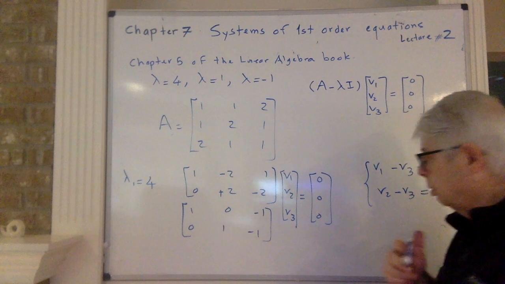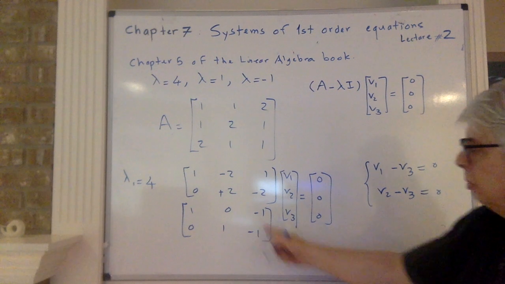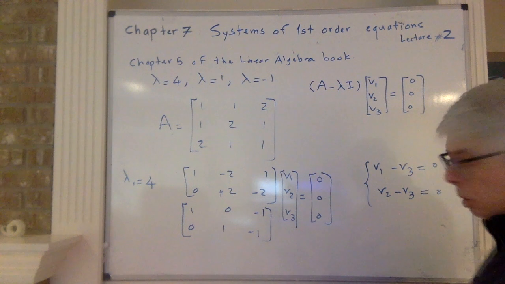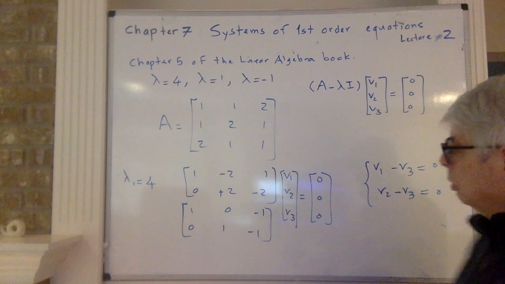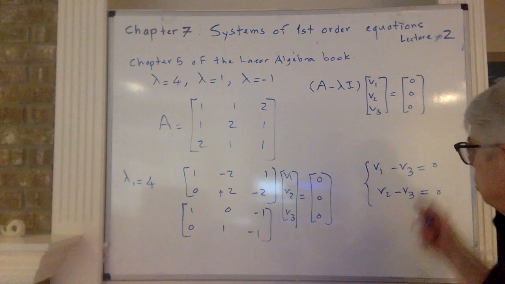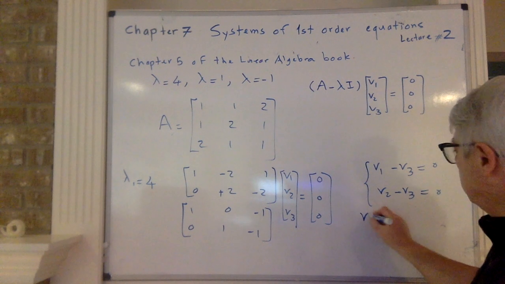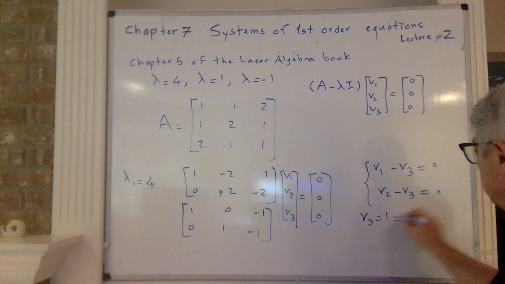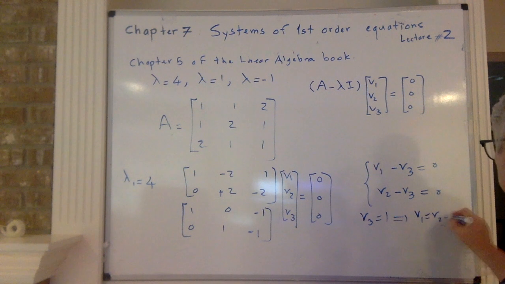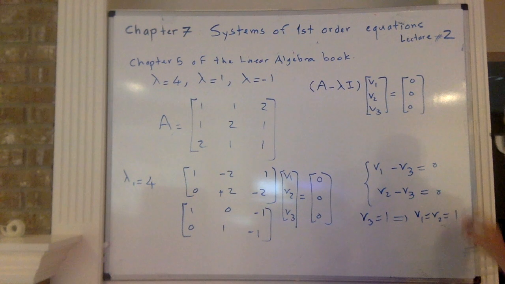Well, that's good. Remember, V3 will be free because the leading ones are here and here. So I can just choose anything. Let's say V3 is 1. So I will get V1 and V2 equal to 1.